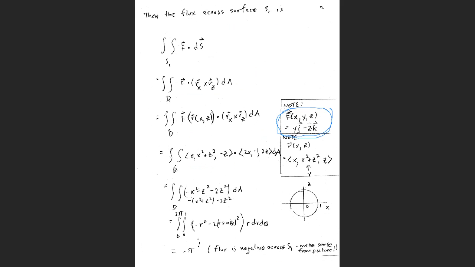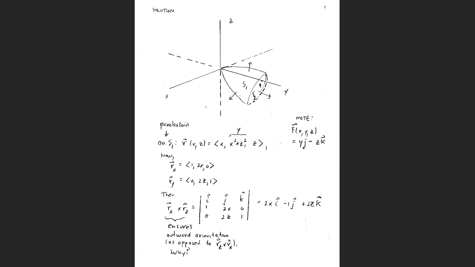Now, the entire paraboloid, if we go back to the picture here, here's the vector field, here's the flow. Across this entire first surface, every coordinate's y value is positive.